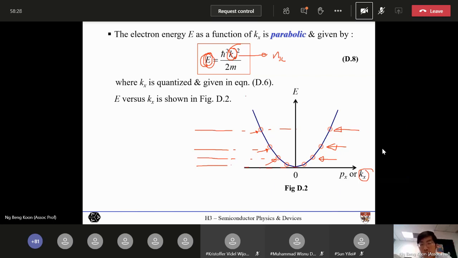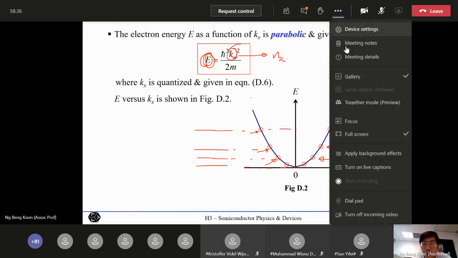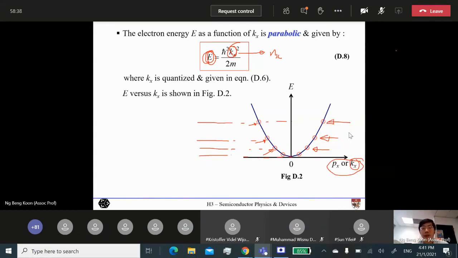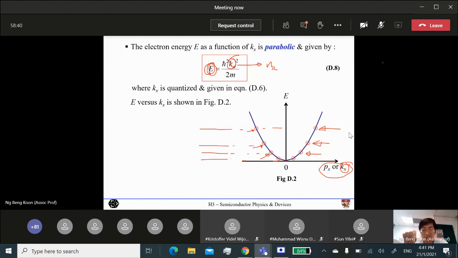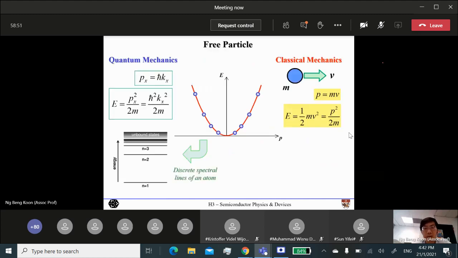So this discrete energy should not be surprising, but if you plot it with respect to momentum or k, then you will observe this parabolic relation. So for the case of an electron around an atom, qualitatively, they have this parabolic relation between energy and momentum. That's the conclusion from this analysis.